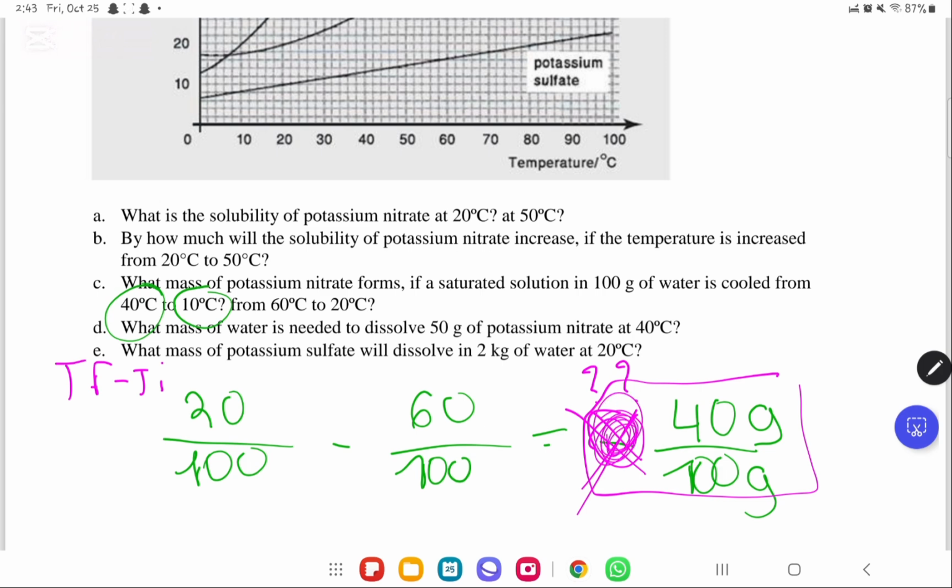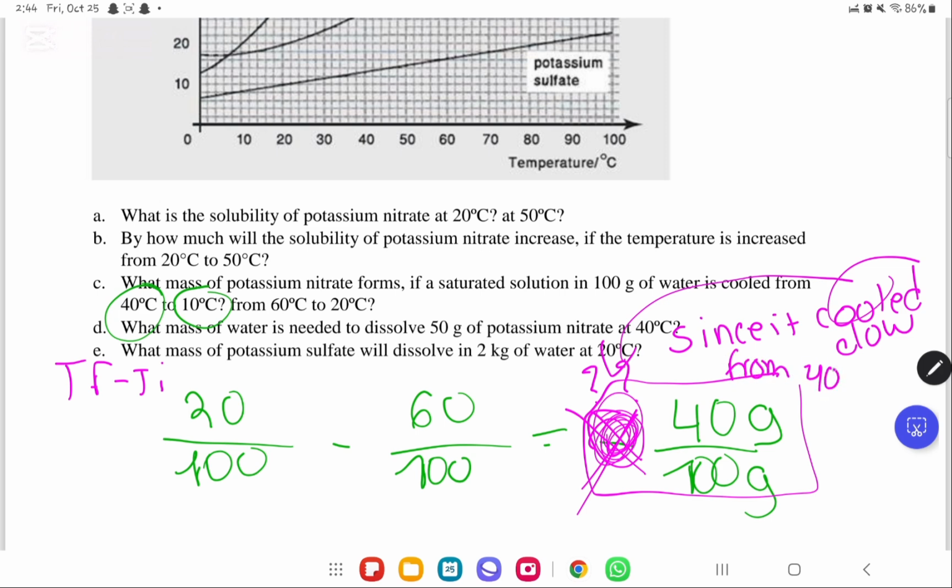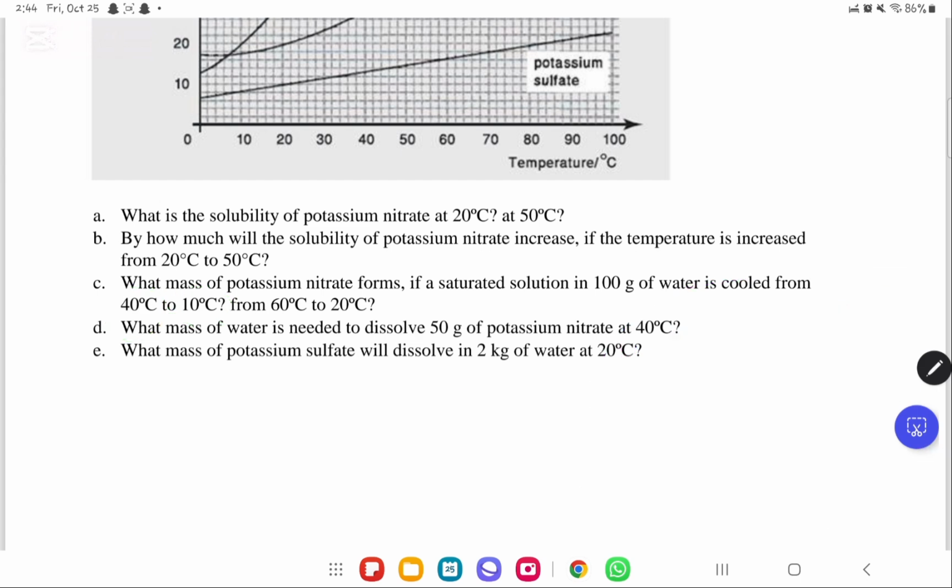You're going to remove the minus, and you're going to say that since it cooled down from 40 degrees to 10 degrees, its solubility became 40 grams over 100 grams of water. So now this is the first part of part C done.